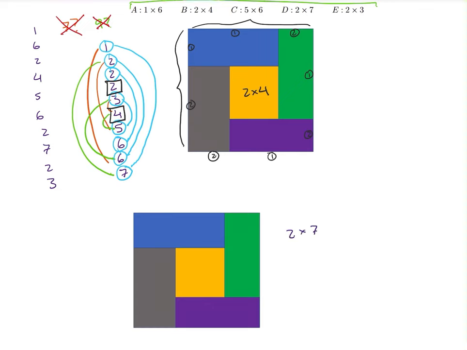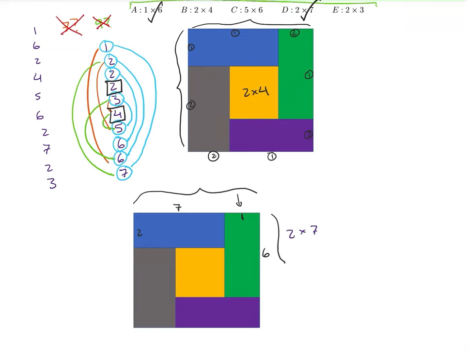So let's just call this one at the top a 2 by 7. If this is 2 by 7, then this right here must be 1, because the sum of my side lengths is equal to 8. I've already used my 2 by 7, so the only size remaining is a 1 by 6, so that must be a 1, and this must be a 6.